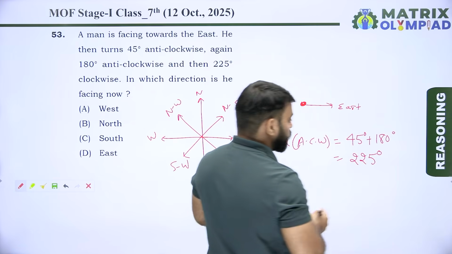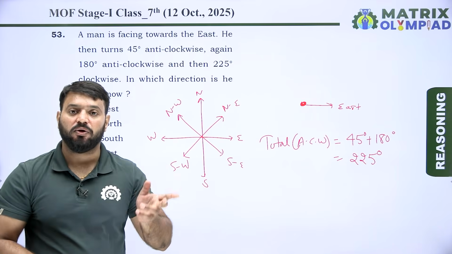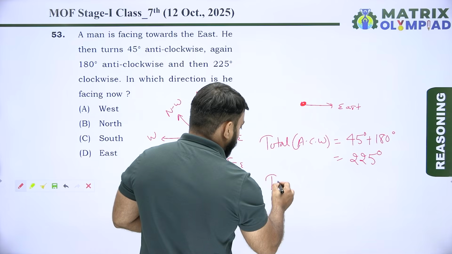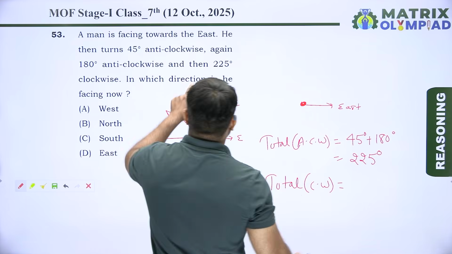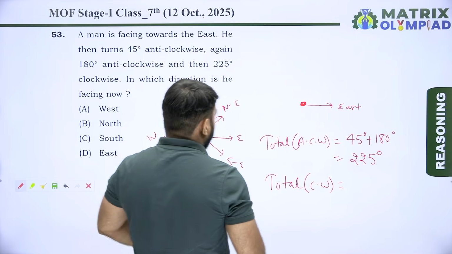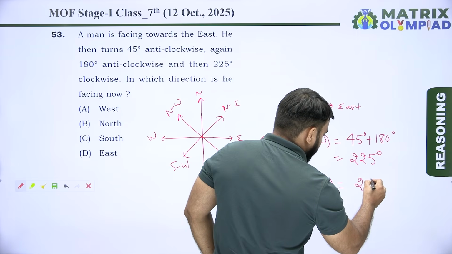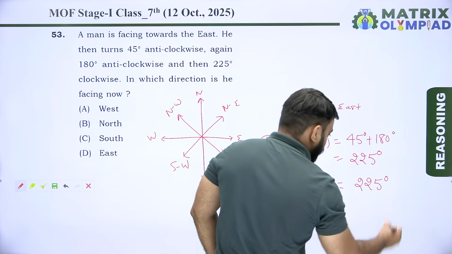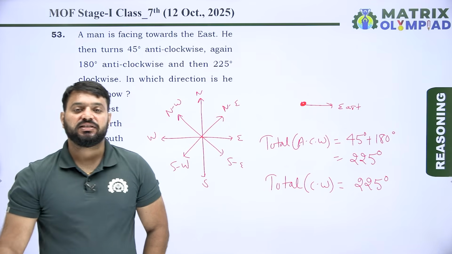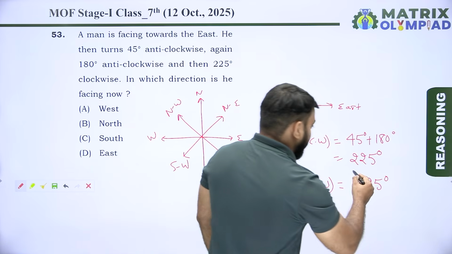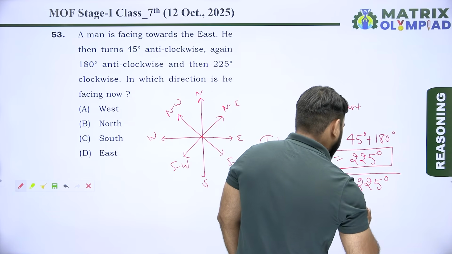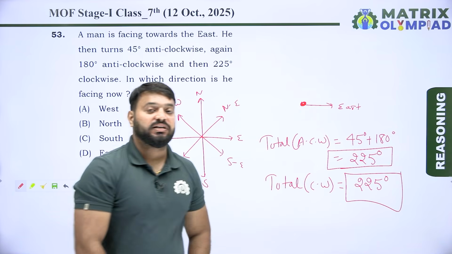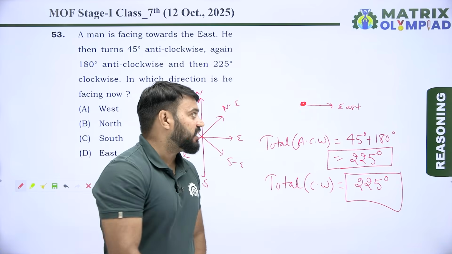Now count the total clockwise turn. He turns 225 degree in clockwise direction. So he turns 225 degree in anti-clockwise, and again he turns 225 degree in clockwise direction.